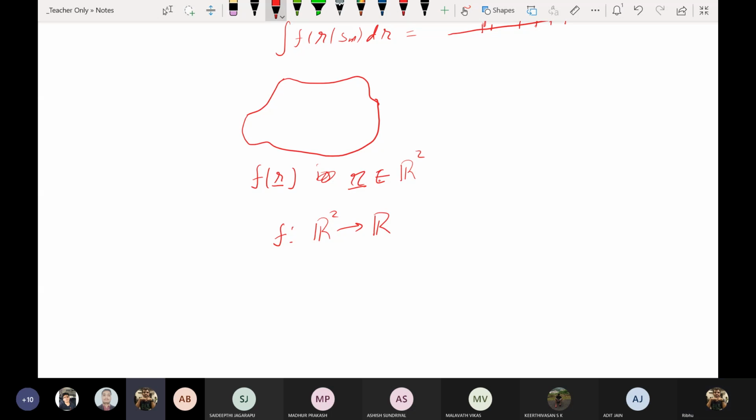If I have this surface, say A, I want the surface integral of f of r over A, dr. I will take this surface and divide it into small blocks.